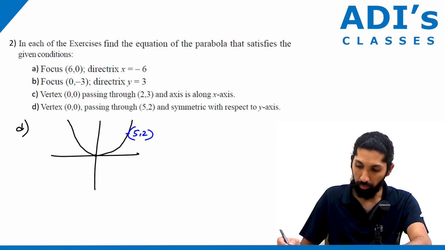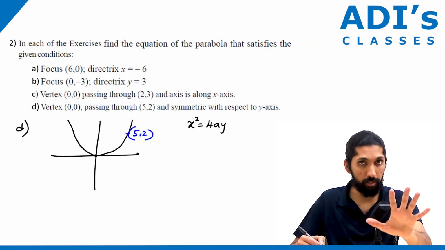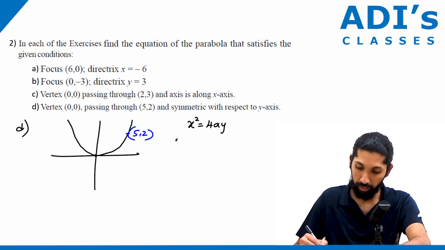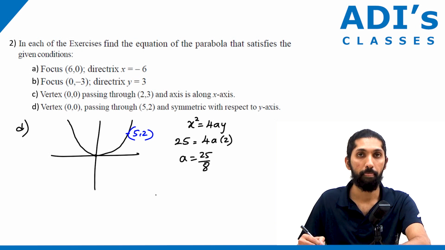Now, pretty much the same logic. That means you have x square is equal to 4ay. In place of x, we put 5. In place of y, we put 2. 5 square, 25. 4a into 2. So, a is equal to 25 divided by 8. Correct? Now, what do we have?